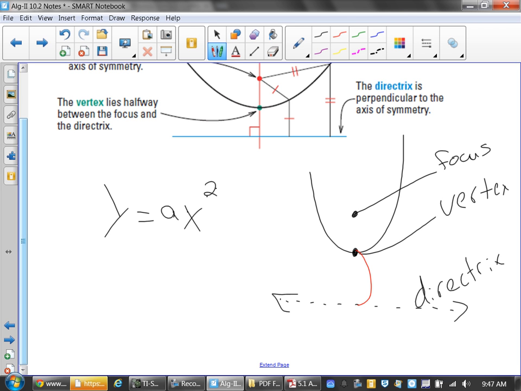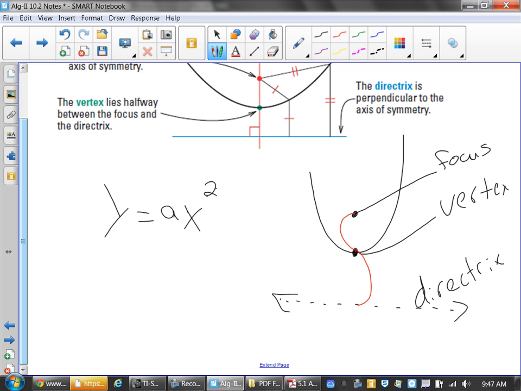This distance here and that distance there is always the same. It's just going in a different direction. So the signs will be different. A directrix balances a focus. Does that make sense? The further out the focus is, the further out the directrix would be. The closer in, the closer in.